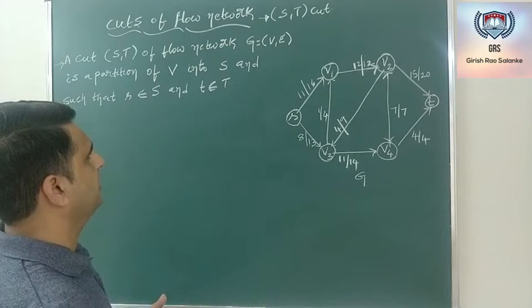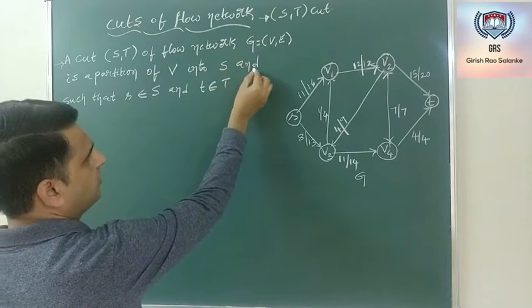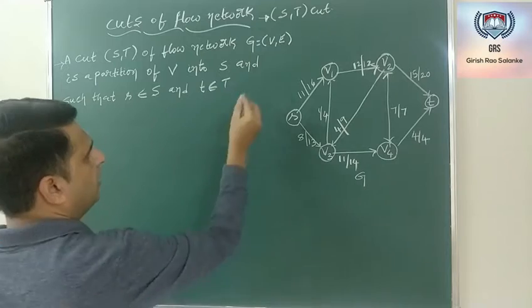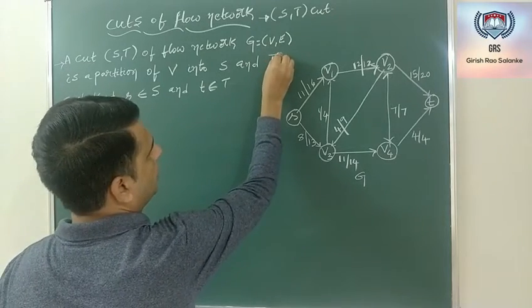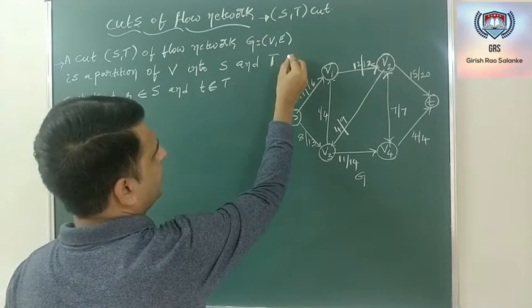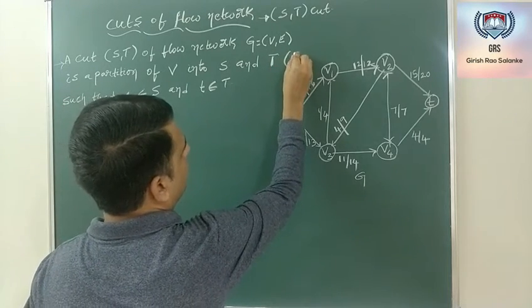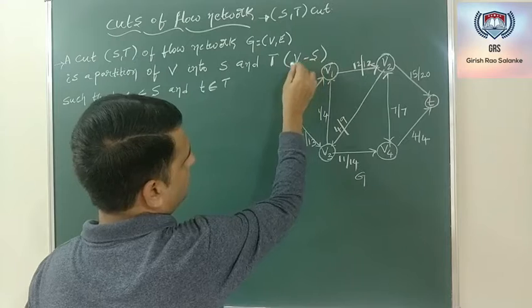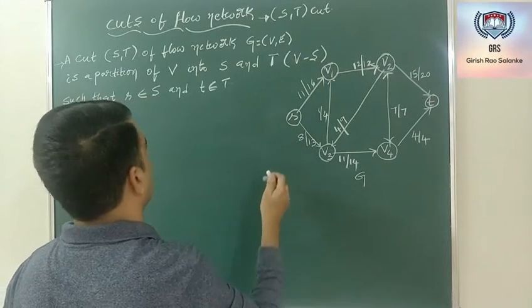The first subset is called S, and the second subset we call T. Hence the name ST cut. Now what is this T? I can say T is nothing but V minus S.